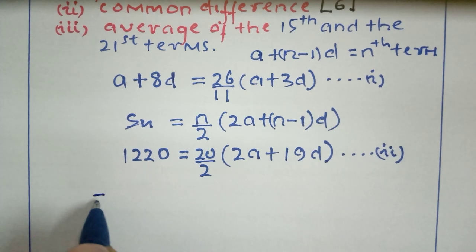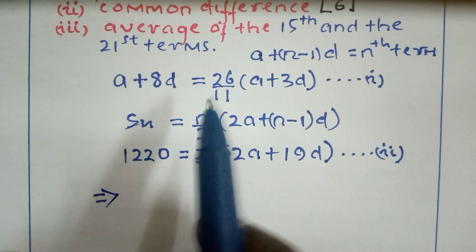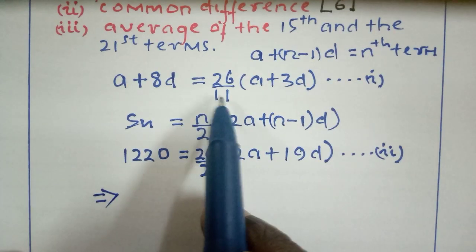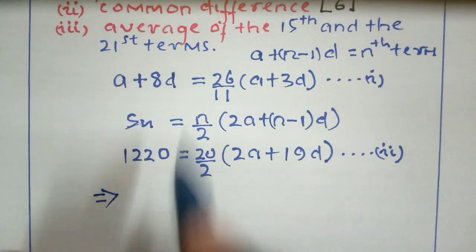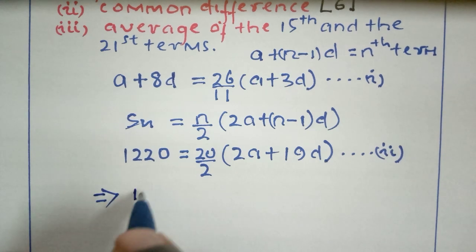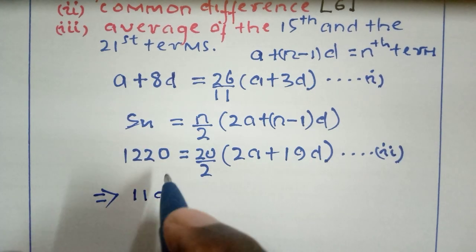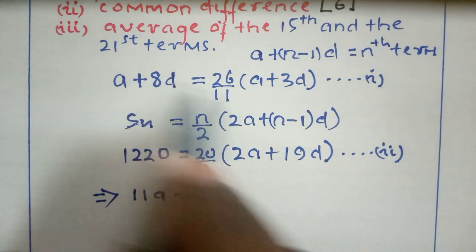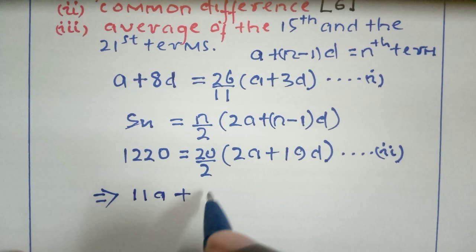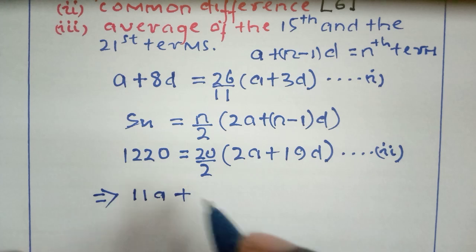So going to the first equation, you can multiply this 11 on this side and 26 on this side. So 11 on this side will be 11a plus, you cross multiply, this one is going to be 88d.